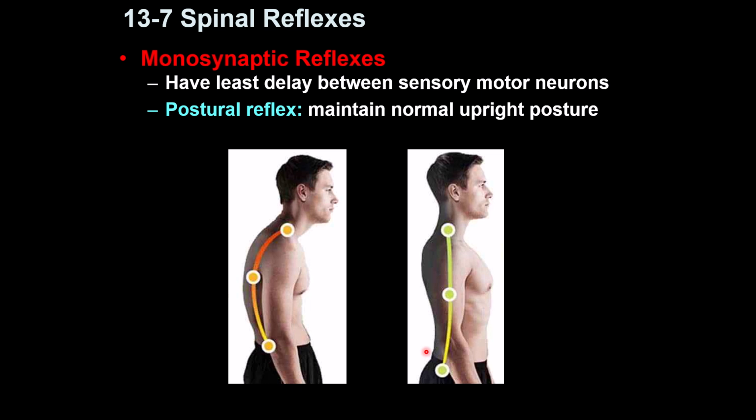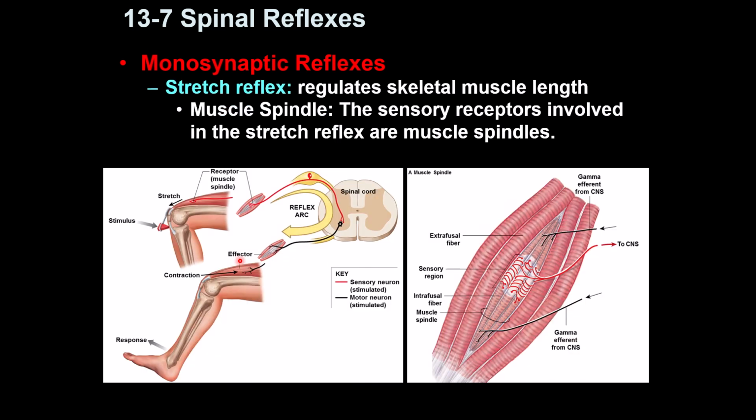Also, the leg muscles and the thigh muscles are contracting, and that's why you do not fall. If these reflexes are not working properly, then the person can have a bad posture, and that may cause back pain and neck pain and some other problems.